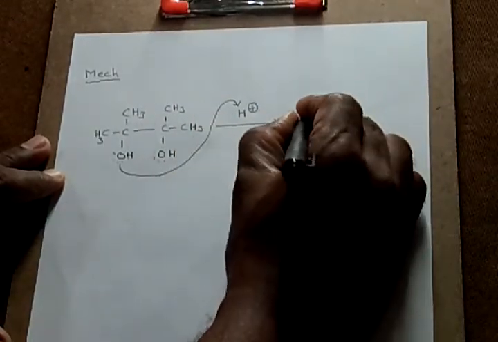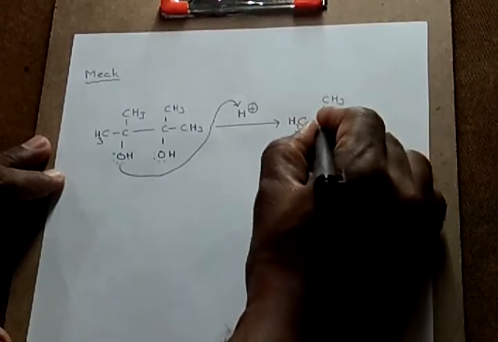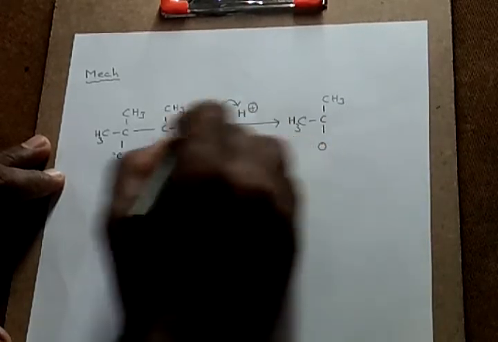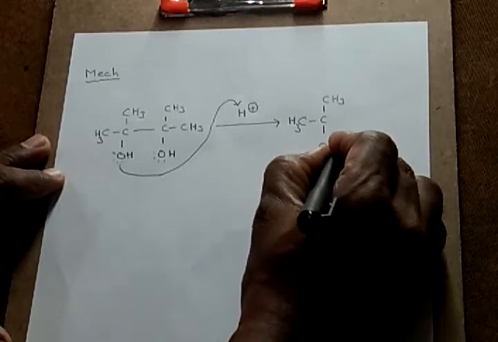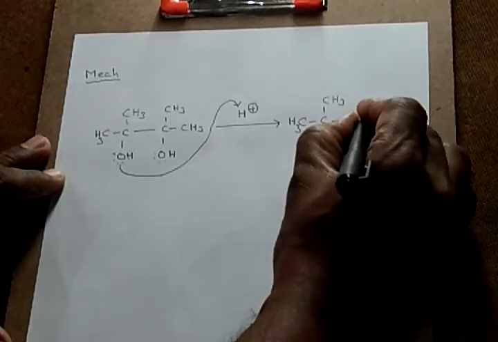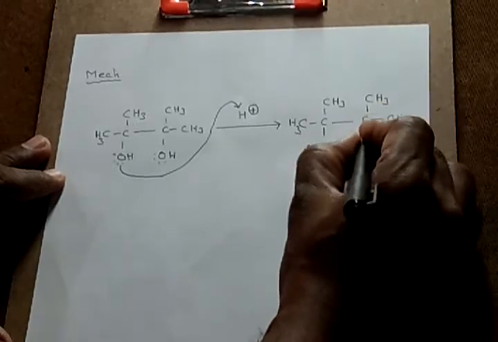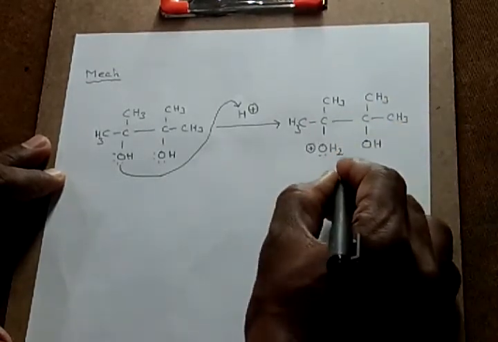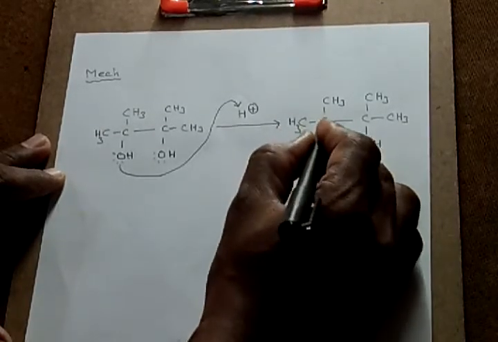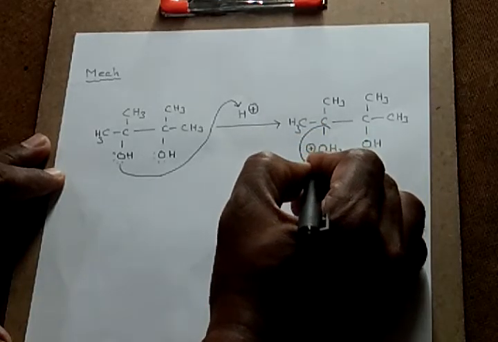That means it becomes CH3, C, CH3, O. Already H is there; with one more H+ bonded, it becomes OH2. Because this is a dative bond, there comes the positive charge on the oxygen, and the remaining part will be there as usual, CH3OH. Now, dear students, if you observe carefully, this OH2+ leaves this carbon within no time, because oxygen doesn't want to be with the positive charge.